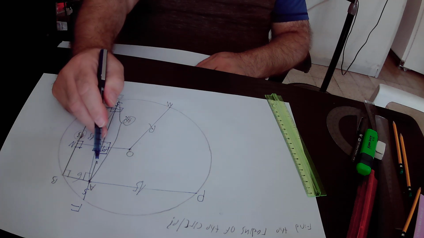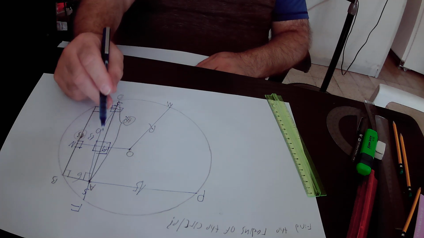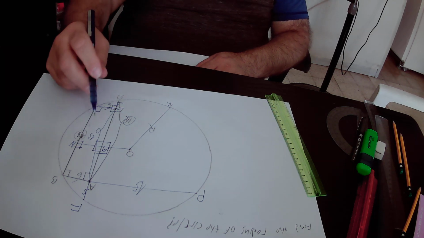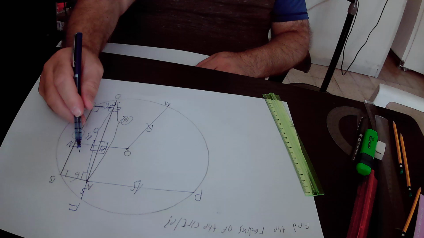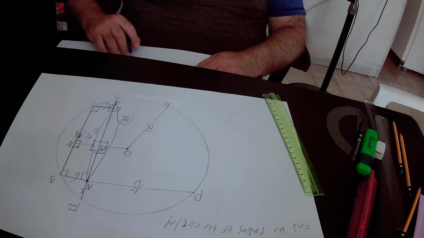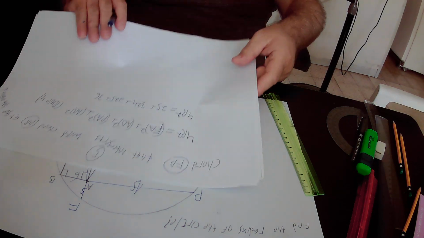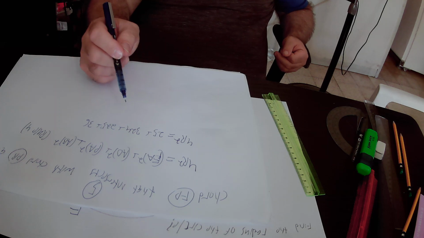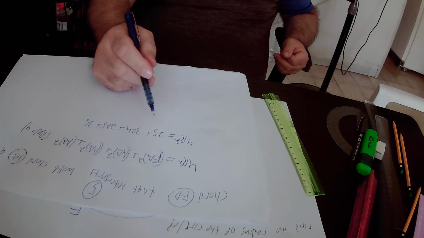PA equals 15, therefore PA squared equals 225. Plus AB squared. AB equals 6, therefore AB squared equals 36. So in conclusion, 4R squared equals 25 plus 324 plus 225 plus 36.